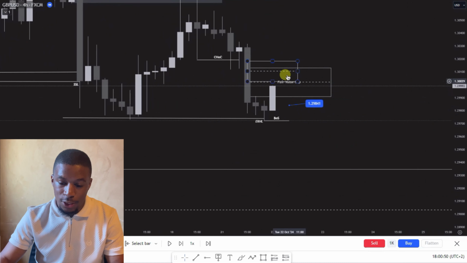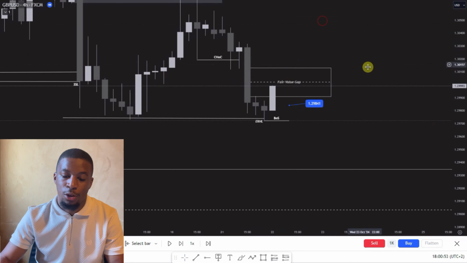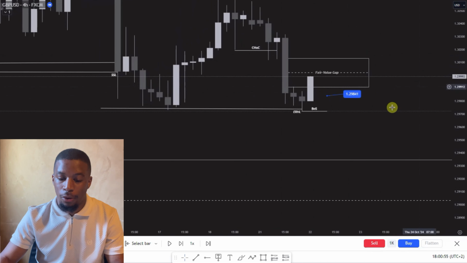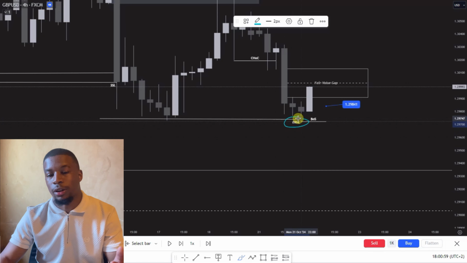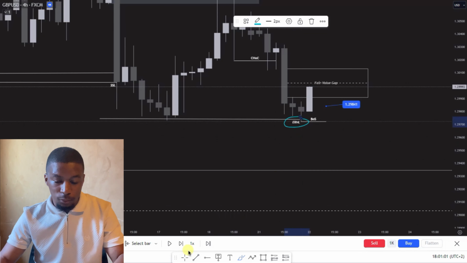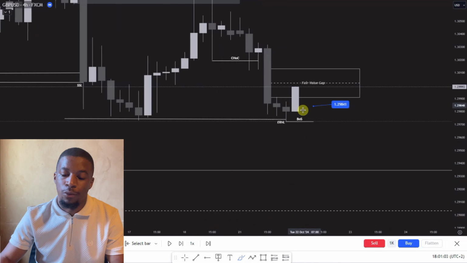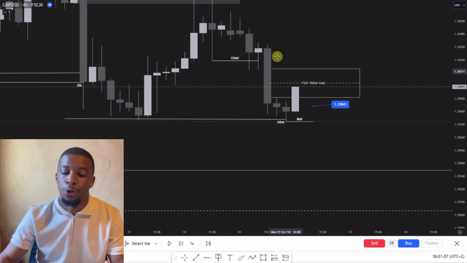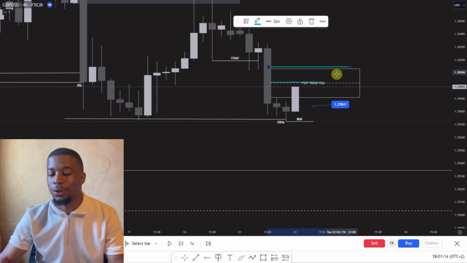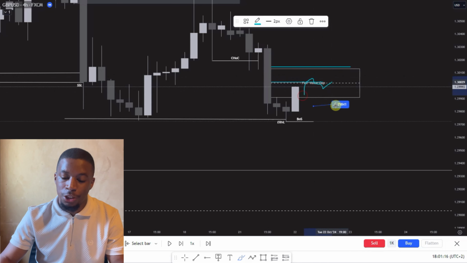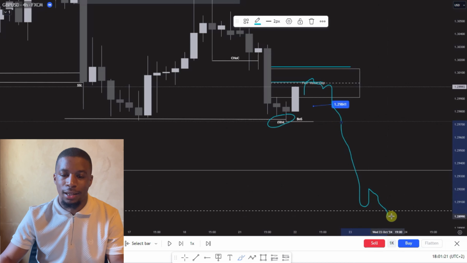So in this case, what we can see is that there was a lot of fair value that was left in the market as the market approached this lower time frame external range low. So when we got to reverse back into structure, that gave me insight that we could possibly be filling in the fair value that is still unfilled before we could potentially get the strength to break sell side liquidity and then mitigate, right?